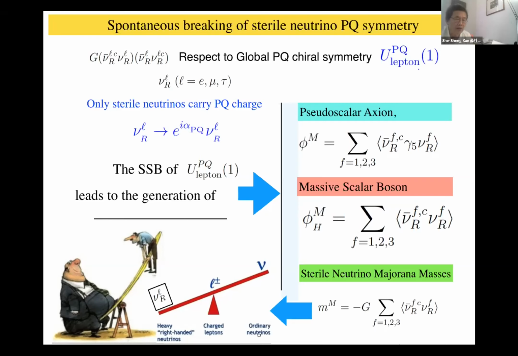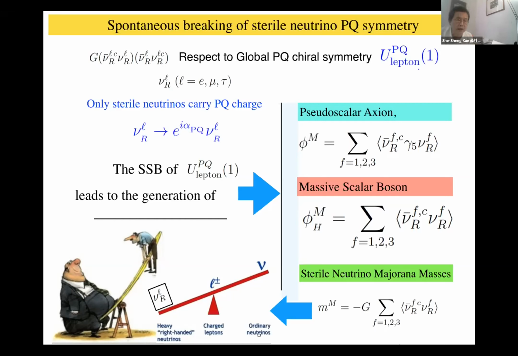At the same time, the same thing happens for the Higgs. The Higgs here is a very massive scalar boson, which is a condensate of the sterile neutrino.